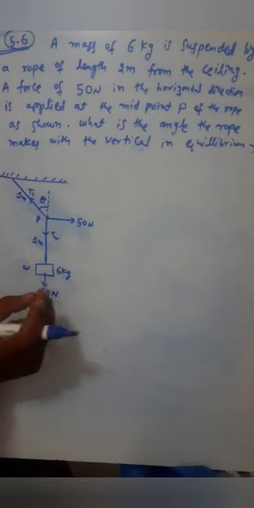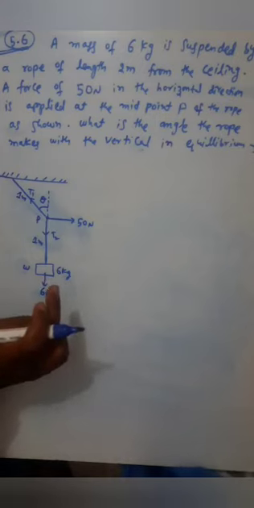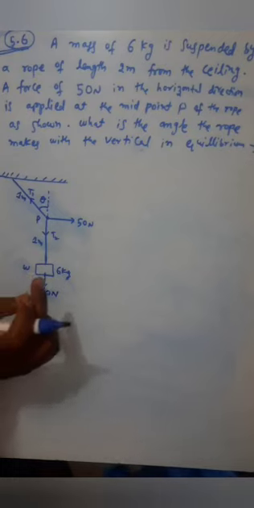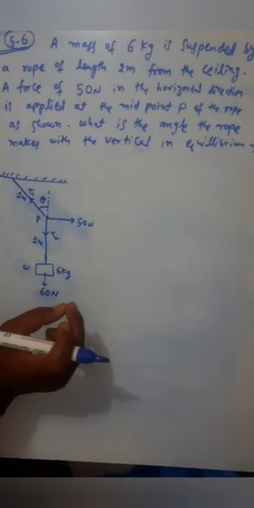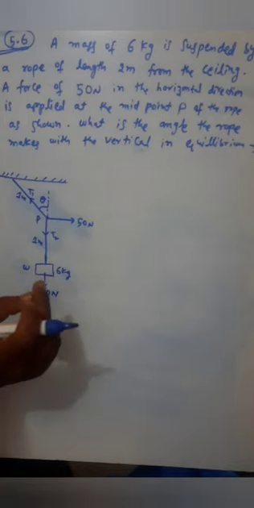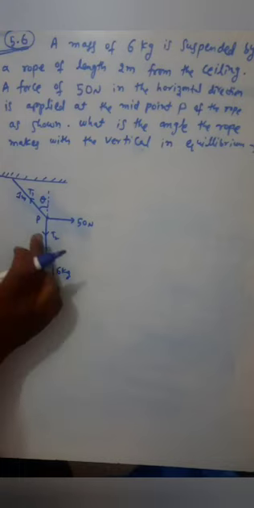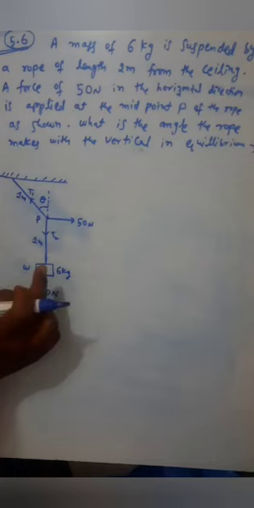Now I have to draw the free body diagram. First we have to draw the free body diagram for whichever particle is in equilibrium. Here we have two particles, P and W, and both are in equilibrium.